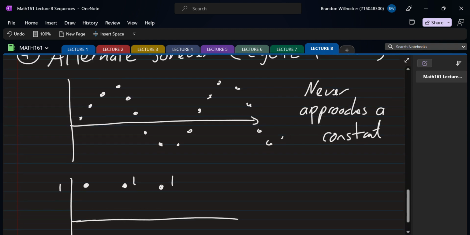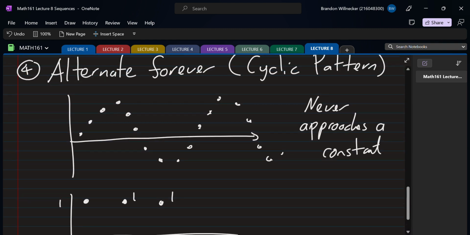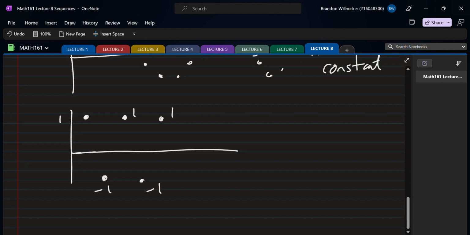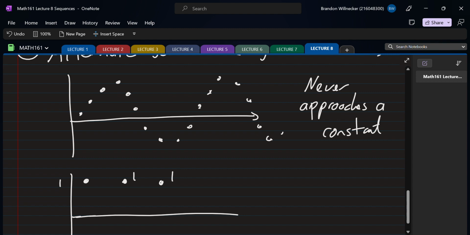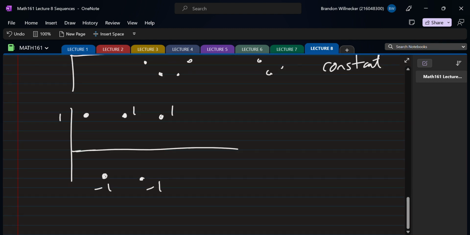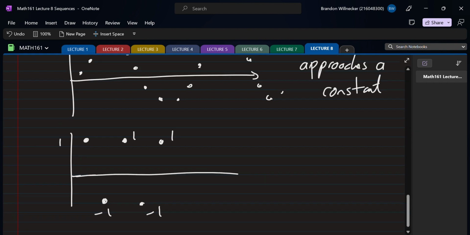And then we're at 1, and so on. So here we don't have this exact sine function that we expect to see with cyclic patterns. Maybe it just alternates between two elements. So it starts off at 1, then -1, then 1, -1, 1, -1. So all the elements between 1 and -1 are missing, unlike a sine function where it's filled in. Okay, but this is still alternating. We've got this pattern of 1, -1, 1, -1, and it never stabilizes at some constant.